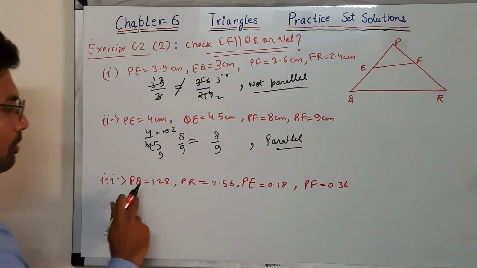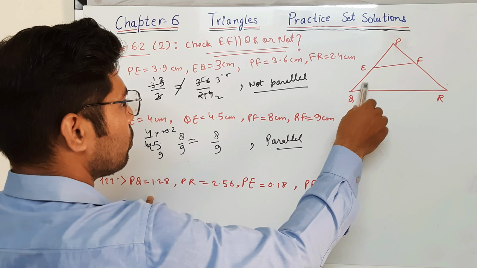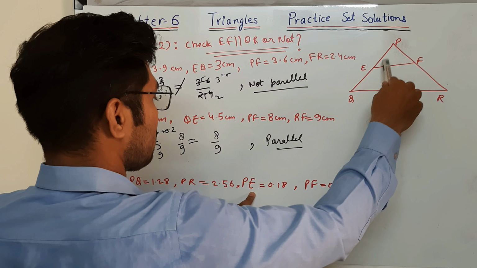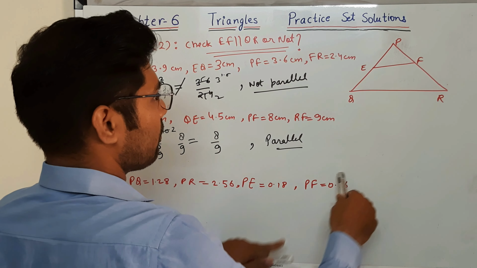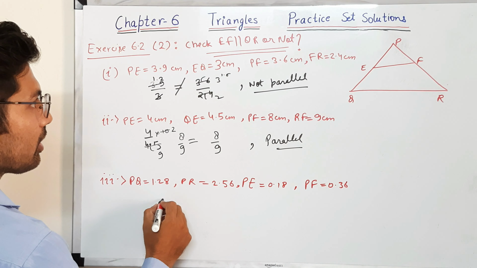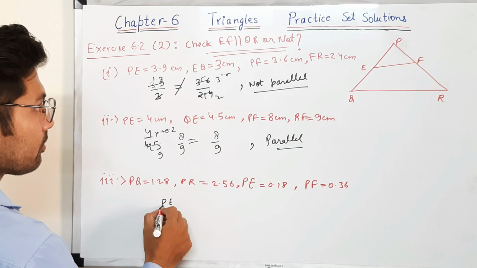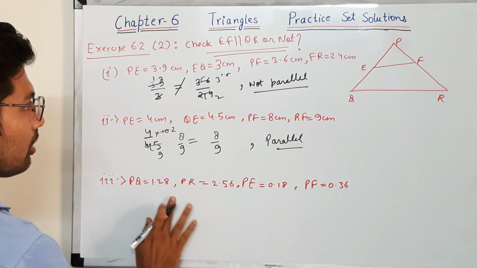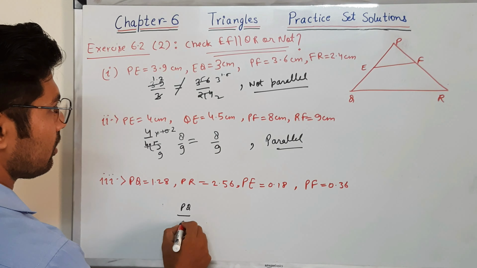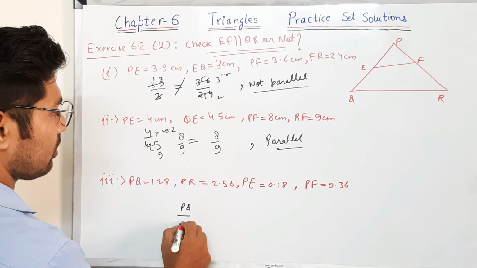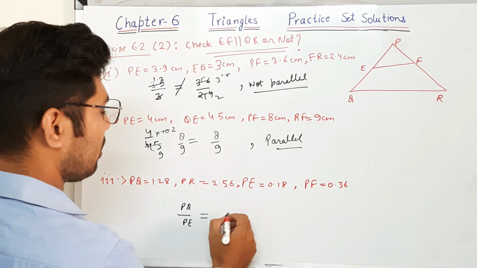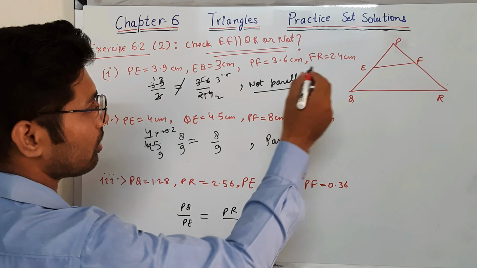Now for this one we have given PQ. The complete line PQ is given, PR is given complete, and PE and PF are given, and we need to check. Since the complete line is given, we will take the ratio PQ upon PE, which should be equal to PR upon PF.